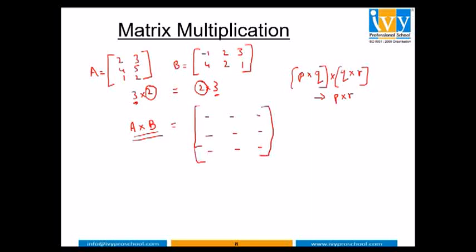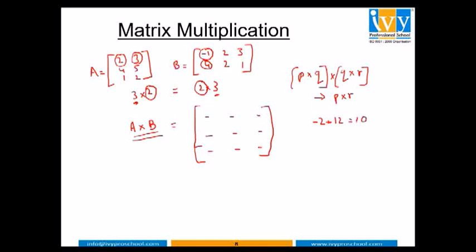Now this first element would be this multiplied by this, so minus 2, and then this multiplied by this, plus 12 equal to 10.